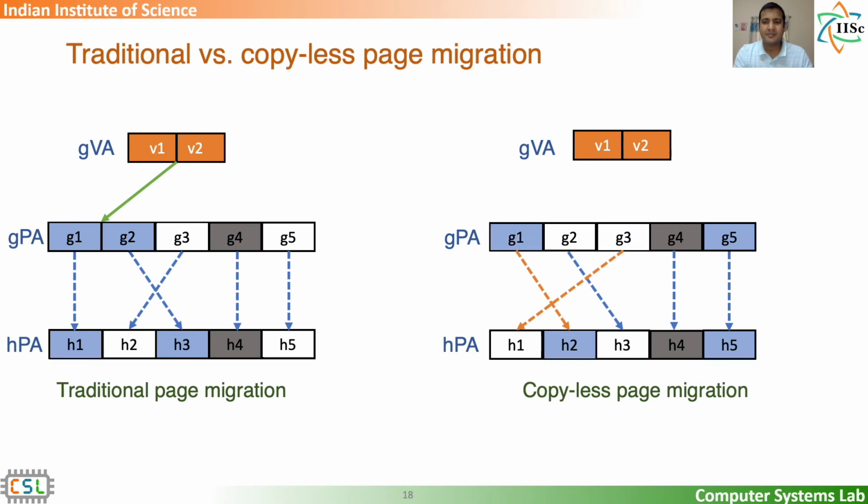This will have the same effect as if the data of g3 has been copied to g1. Next, we can do the same for g2 and g5, which is equivalent to copying g5's content to g2. Finally, we establish a new mapping that is contiguous in GVA to GPA. This way, we made v1 and v2 contiguous with simply manipulating page table pointers.